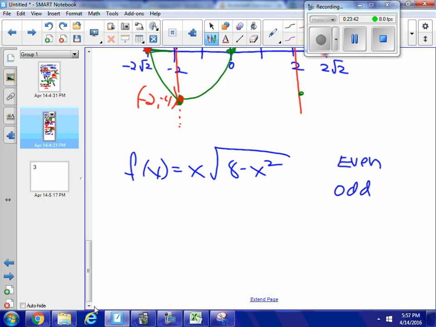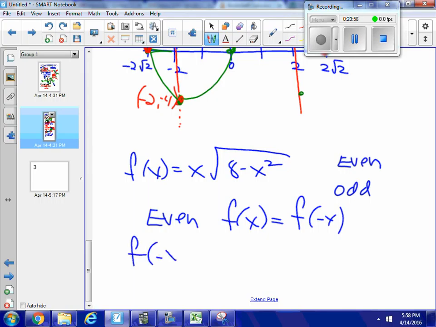So even functions, f of x is equal to f of negative x. Well, let's see if that's true. So here's my f of x. What is f of negative x? Well, that would equal negative x times the square root of 8 minus negative x squared.